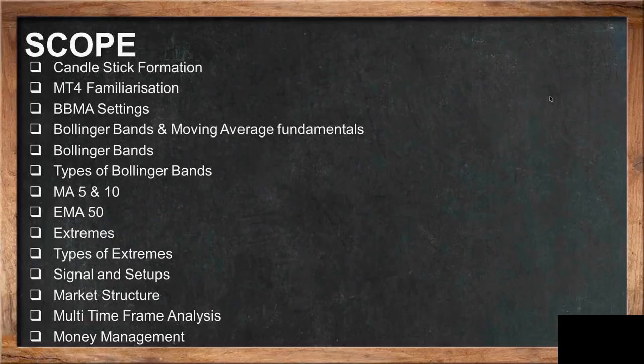If we do have time, we'll talk about market structure. However, we'll be talking about multi-time frame analysis towards the end, or in between. If I see a good market, then maybe we can do a live trade instead. And then towards the end, if we have some time, we'll talk about money management.